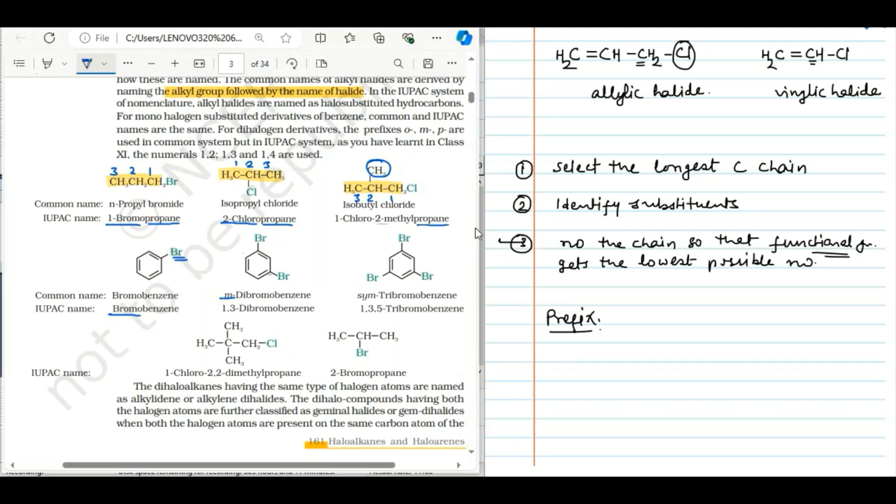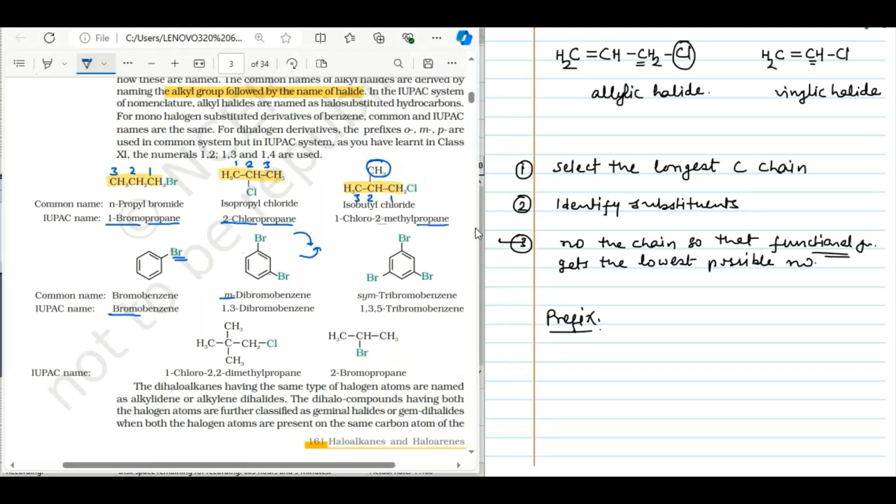Here you have to number this benzene ring. In a benzene ring, you can number it either in the clockwise direction or in the anti-clockwise direction. But you have to select the direction in which both the functional groups get the lowest possible numbers, or the sum of their numbers will be the least one.